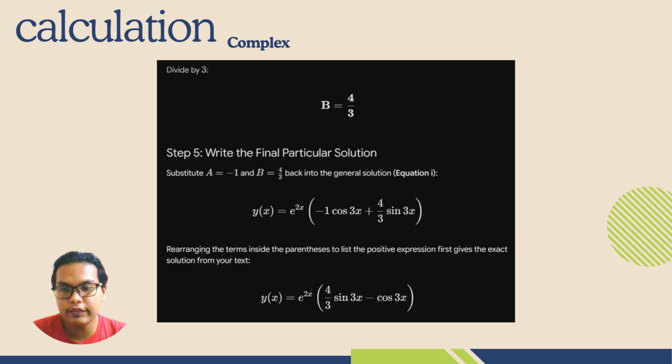So this is not the final equation yet. We will rearrange the equation to make it prettier, which will be y(x) equals e to the power of 2x times 4 over 3 sin 3x minus cos 3x. So this is the final equation and the final answer for this question.